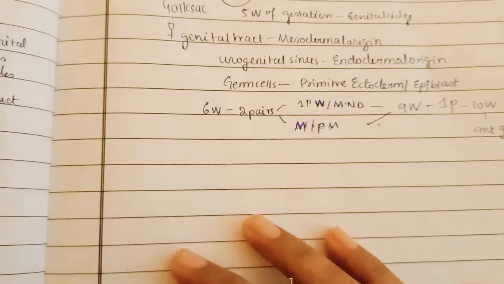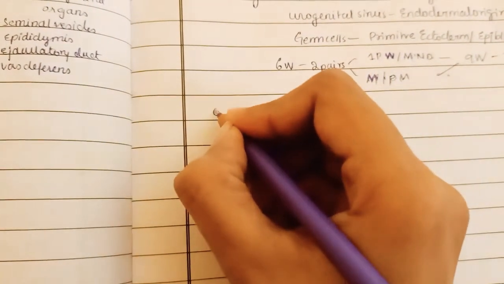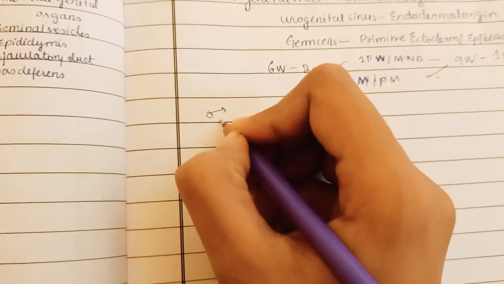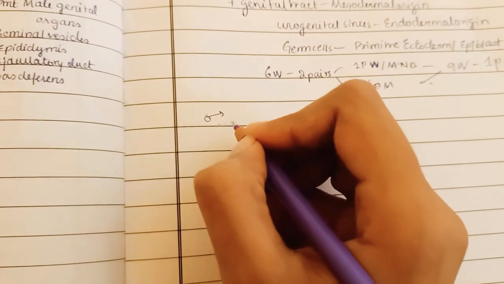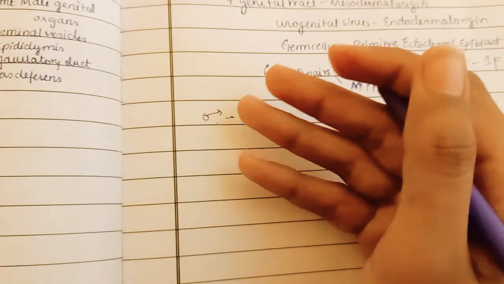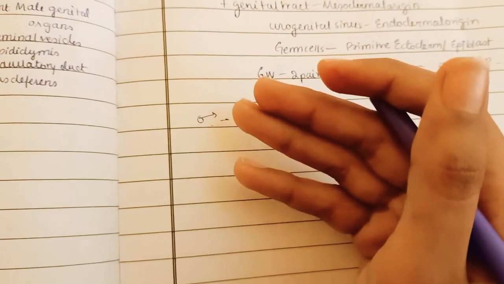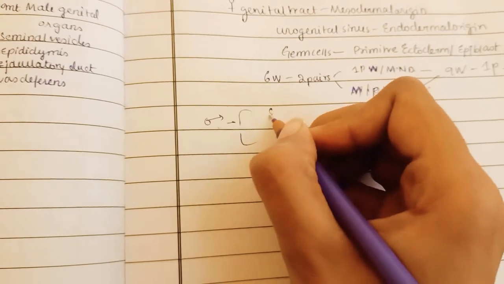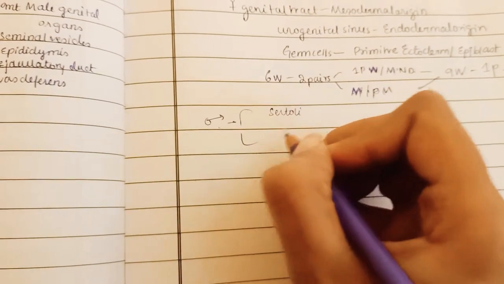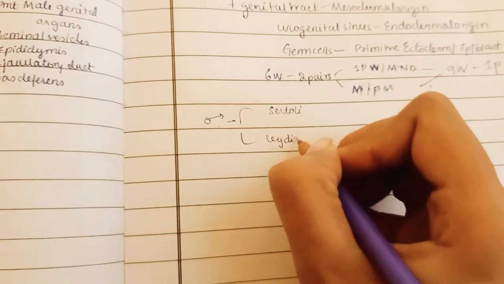Now coming to males. In males, the presence of the Y chromosome, that is the SRY region, also known as the testis determining region, means the gonads will be testis. The testis has 2 types of cells, Sertoli cells and Leydig cells.